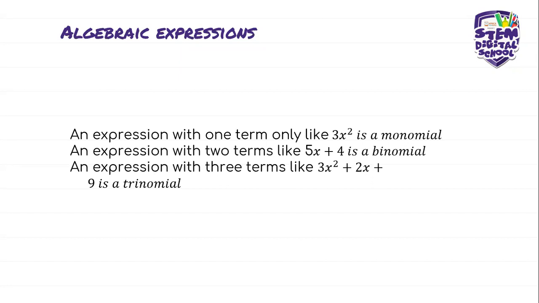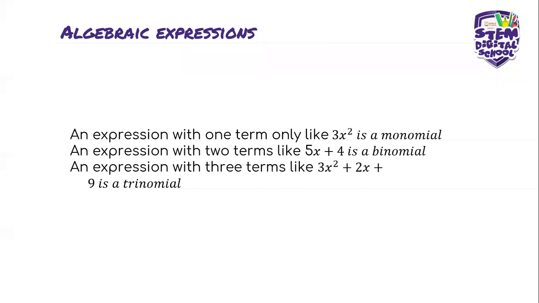Now, an expression with two terms, like 5x plus 4, is also known as a binomial. A binomial is an expression which consists of two terms.